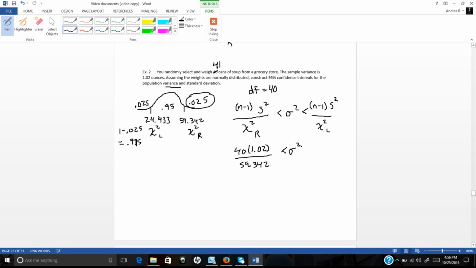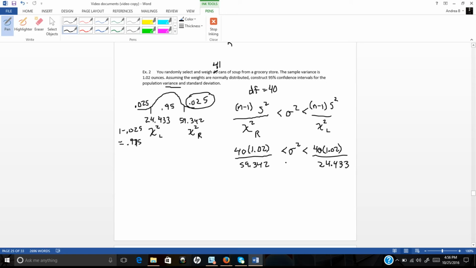And then we have our population variance there that we're looking at. And then 40 times that 1.02 divided by chi-squared L, which is that 24.433.